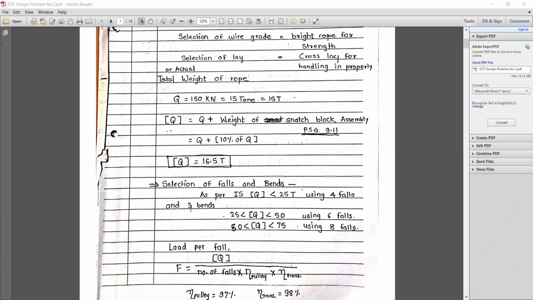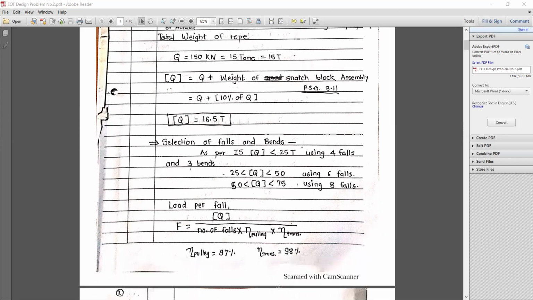That weight we have considered as 10% of the total load, which is shown in PSG page number 9.11. Okay, so this consideration we have taken from that. So Q is equal to 10% of Q. So the total load, or you can say the design load or modified load, that is square bracket Q, I say design Q is equal to 16.5 ton.